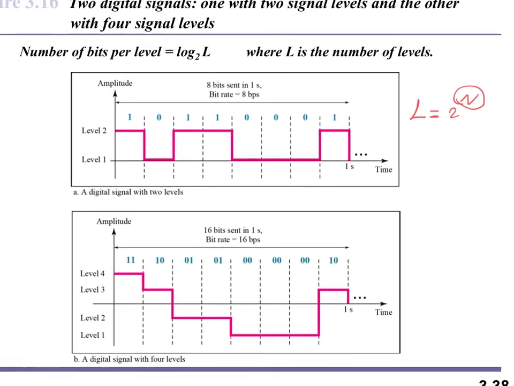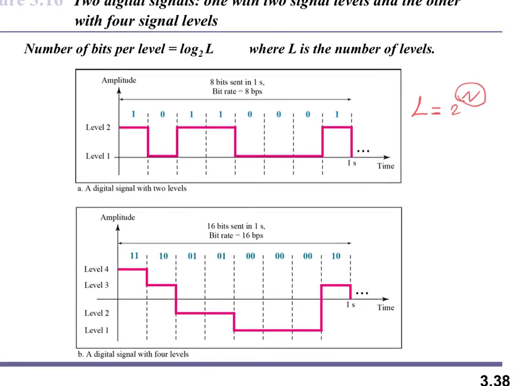In other words, if L equals 4, n equals log 2 of L. So if L equals 4, this gives us 2 bits, right?